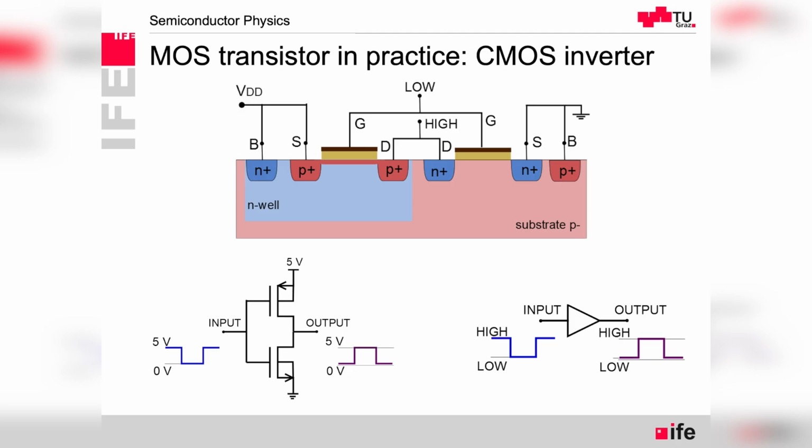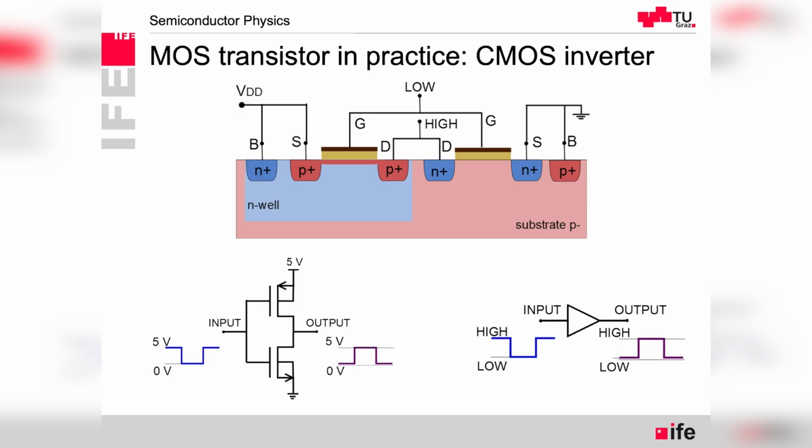We can see here the cross-section of the inverter with N-channel and P-channel transistors. The drains are connected, the gates are connected, and then we have this N-well region, N-type doped for the PMOS transistor, so that it actually works.